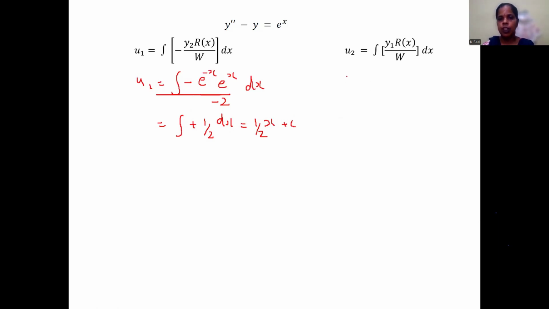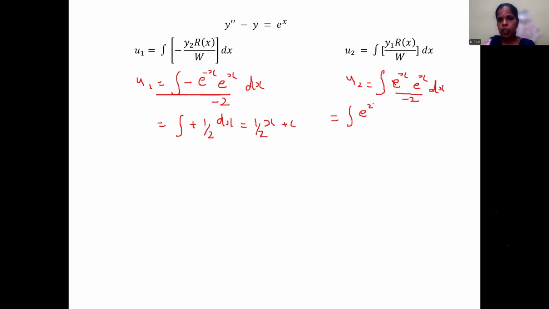So next, u2 you have to find. Now what is y1? e power x. r of x we have, what is the r of x value? We have e power x. So e power x by the Wronskian value minus 2, dx. So which is equal to integral, here both the powers are same, so x plus x becomes 2x.